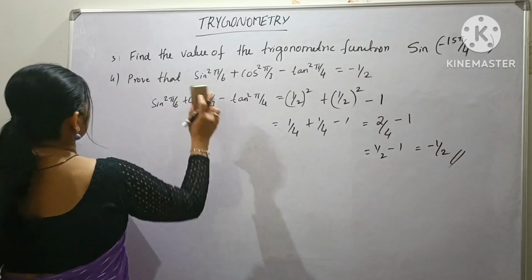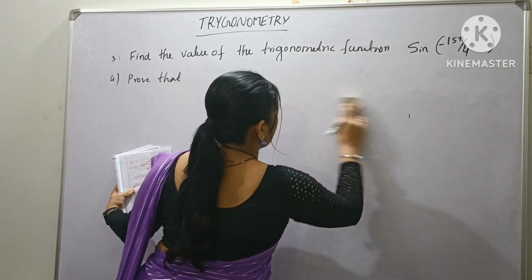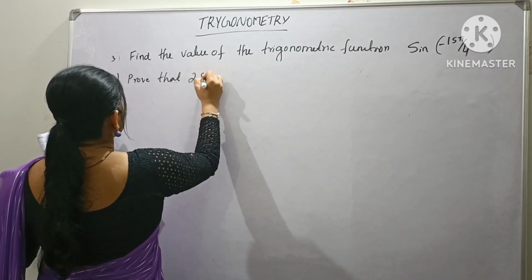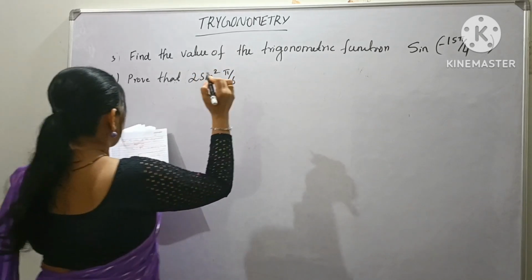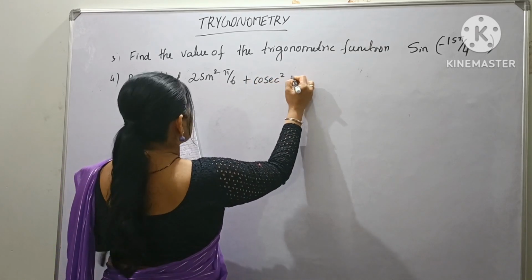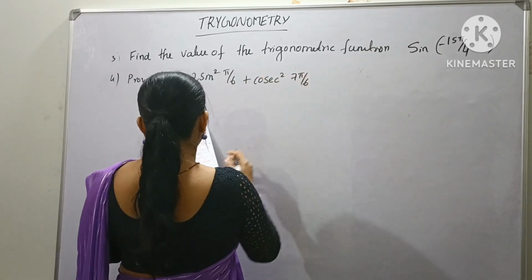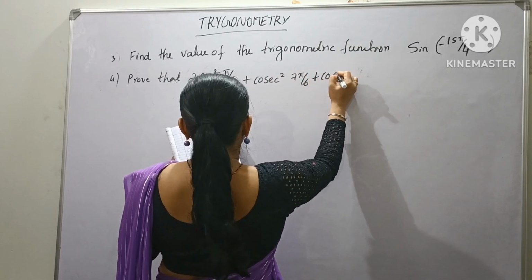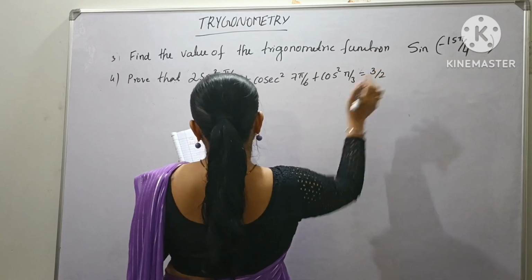Next question. Prove that 2 sine square pi by 6 plus cosec square 7 pi by 6 plus cos square pi by 3 is equal to 3 by 2.